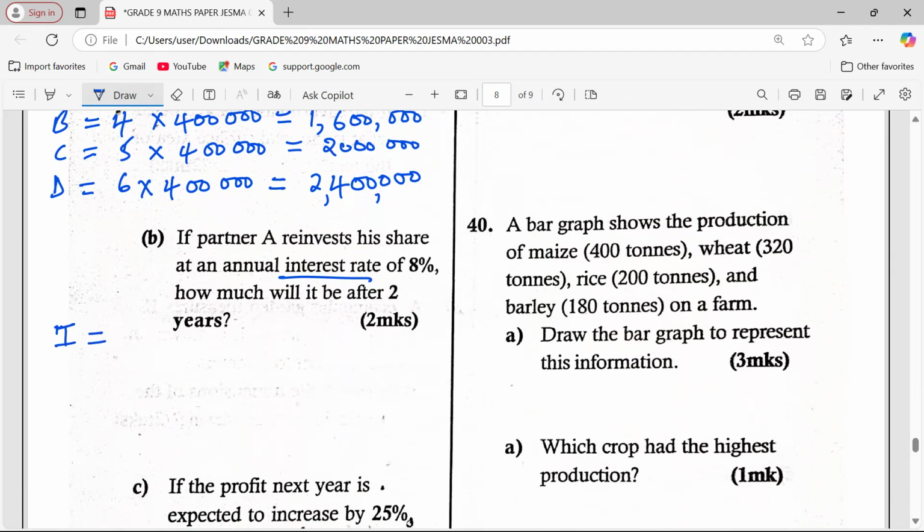Simple interest is given by principal times rate, which is a percentage, times period of 2 years. And this is going to give us 192,000.